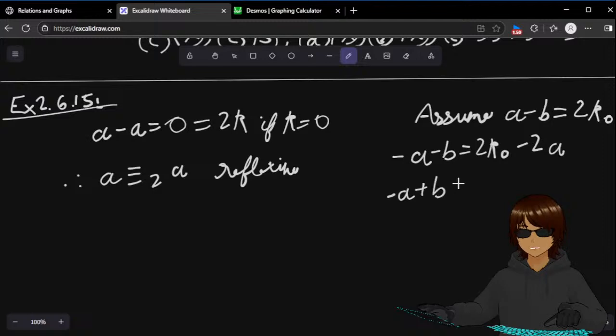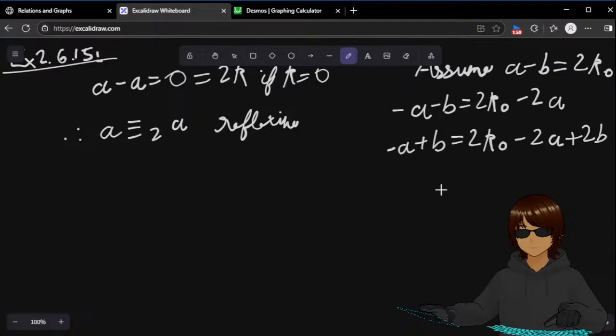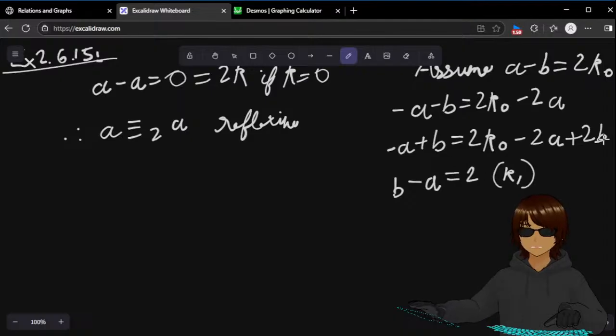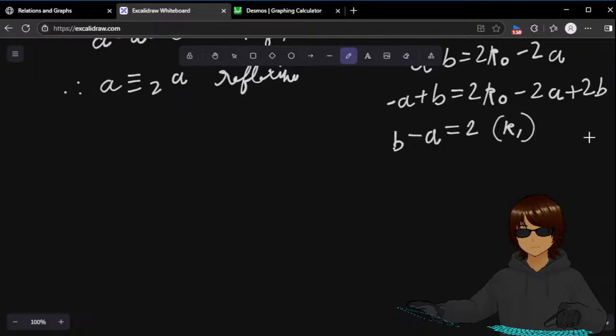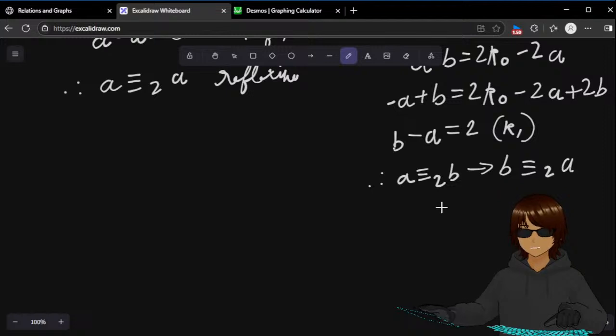Minus A plus B is equal to 2k naught minus 2a plus 2b, right? B minus A is equal to 2 times k1. Therefore, A to B implies B to A.